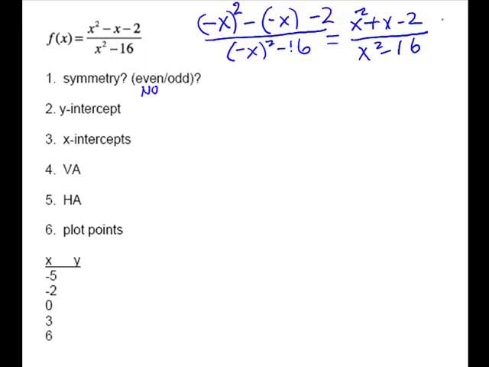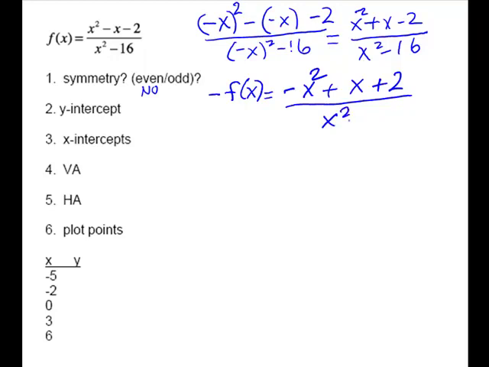All right, we want to know if it's the opposite of the original. So if we took a negative sign in front of the whole thing, if we distributed it through the numerator, that would give us negative x squared plus x plus 2 over, this one would not change, you only put it in the numerator or denominator, all right?